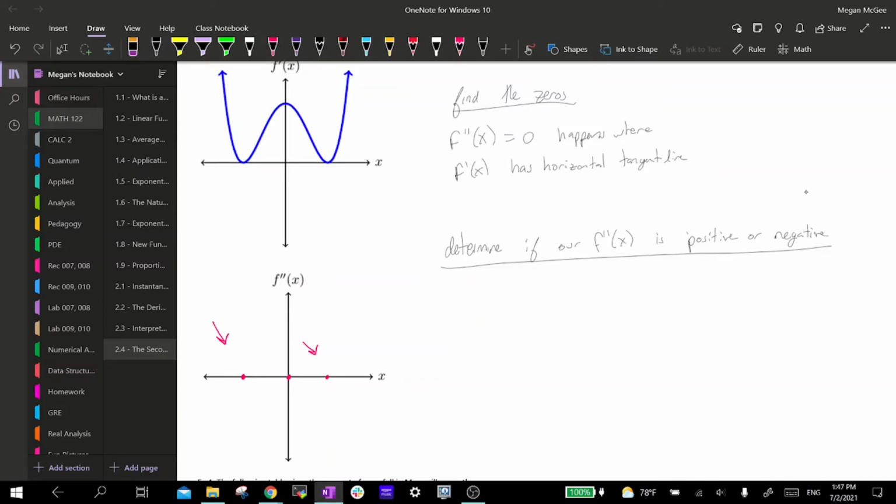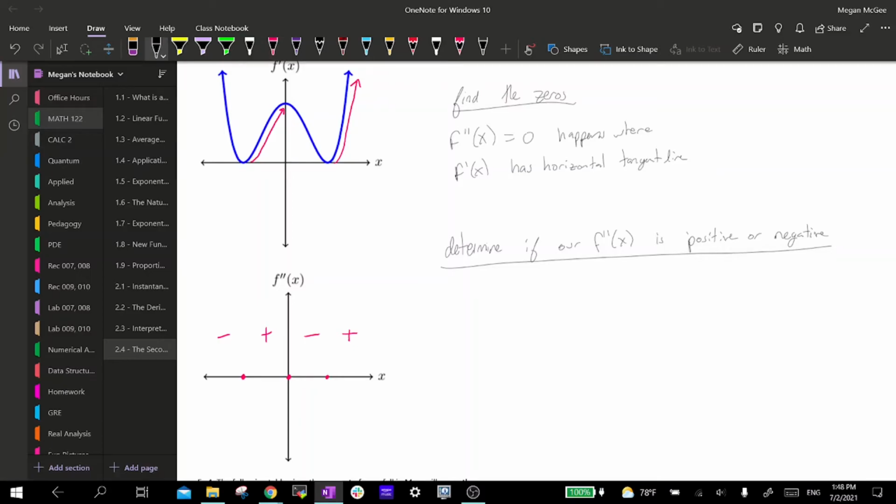So, again, our original function, which is our first derivative, is increasing between the first 2 times we are touching the x-axis. So we must be positive. So I'm going to say negative and negative. And then again, we are positive. We are increasing after we touch the x-axis for the last time. And so we are positive here as well.